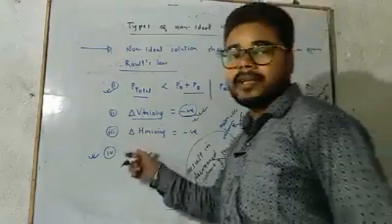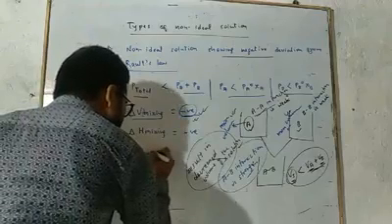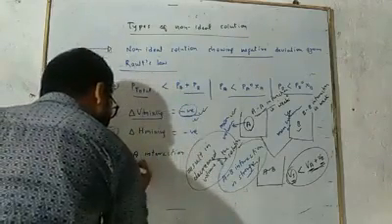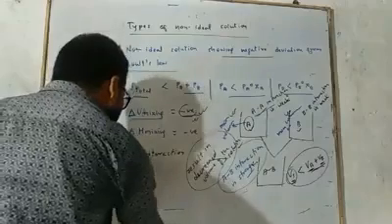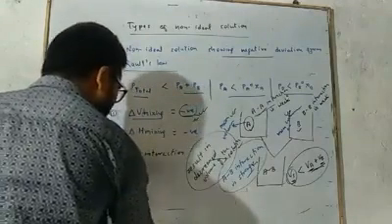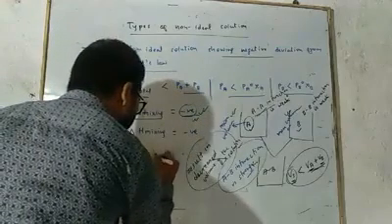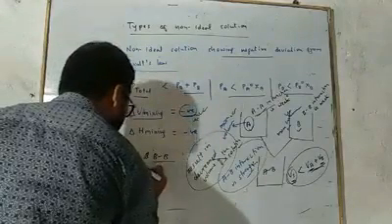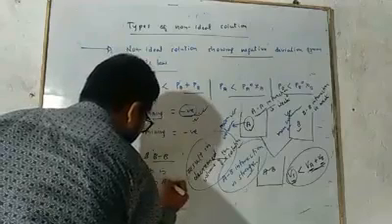In terms of interaction, we will say AA and BB interaction is weak as compared to AB interaction.